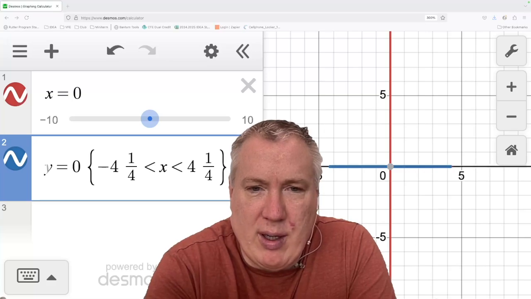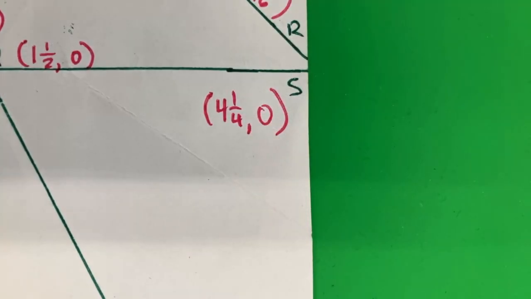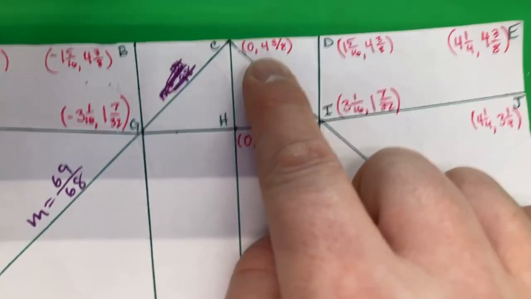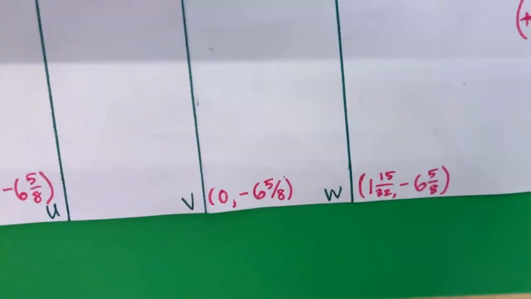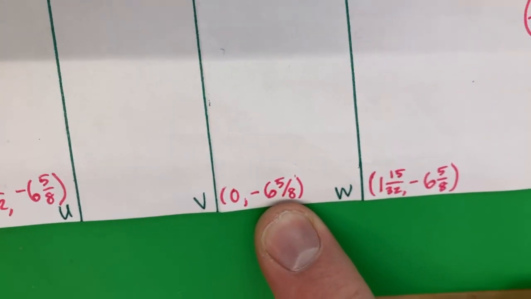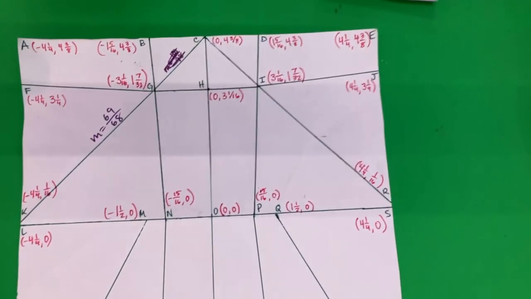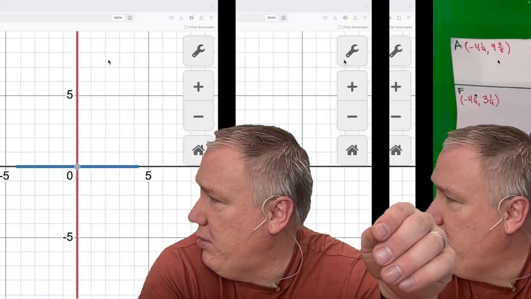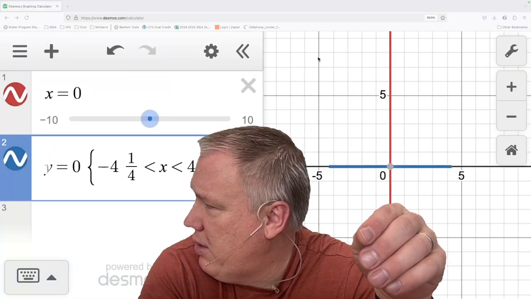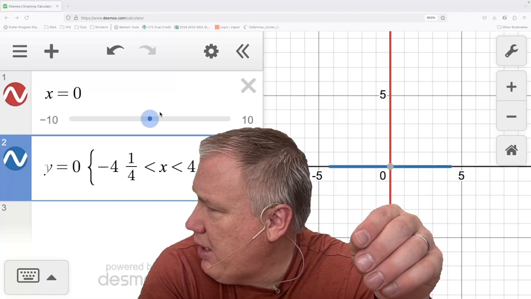Okay, and so I'm going to switch back to here. And here's the top sheet of my paper, and the top number is 4 3/8. And if I look down here at the bottom, it's not the same number, it's negative 6 5/8. So when I look at that vertical one in DESMOS, I need to go here and type in those numbers.